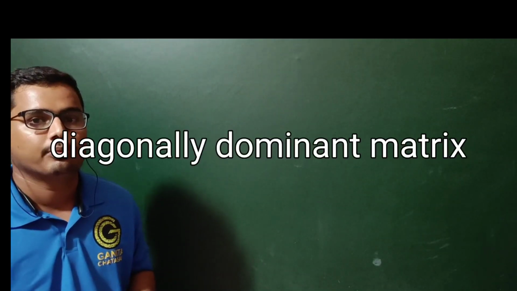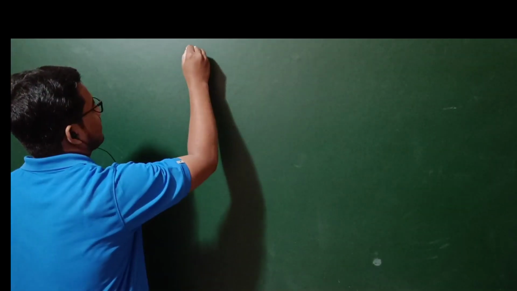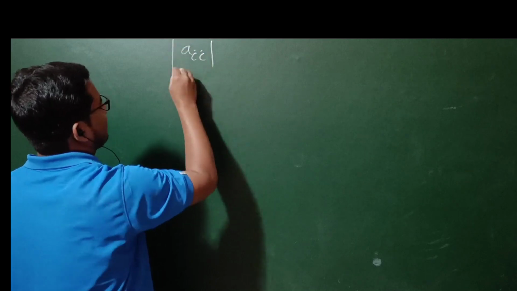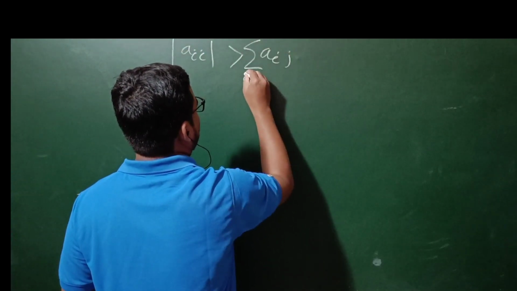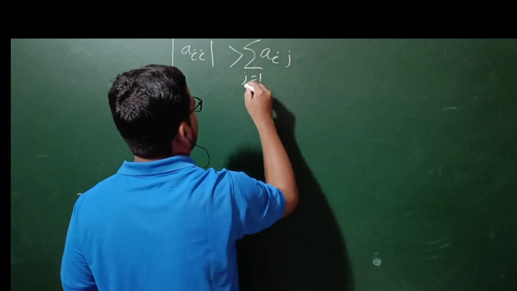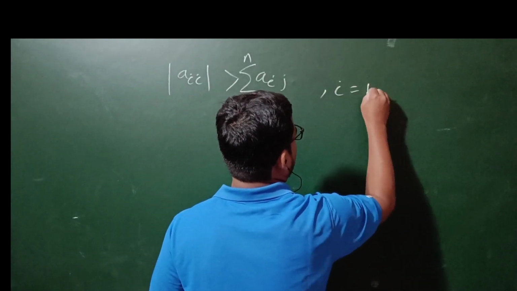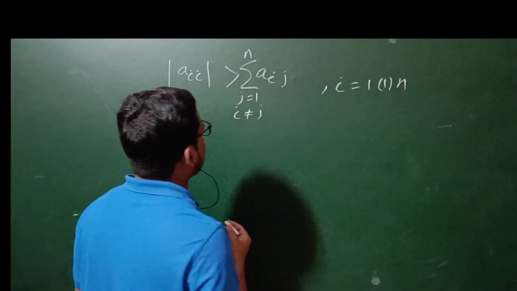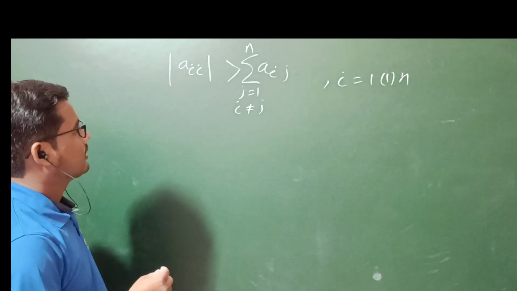Then I want to discuss diagonally dominant matrix. So what is a diagonally dominant matrix? The mathematical form is: suppose A is an n by n matrix.